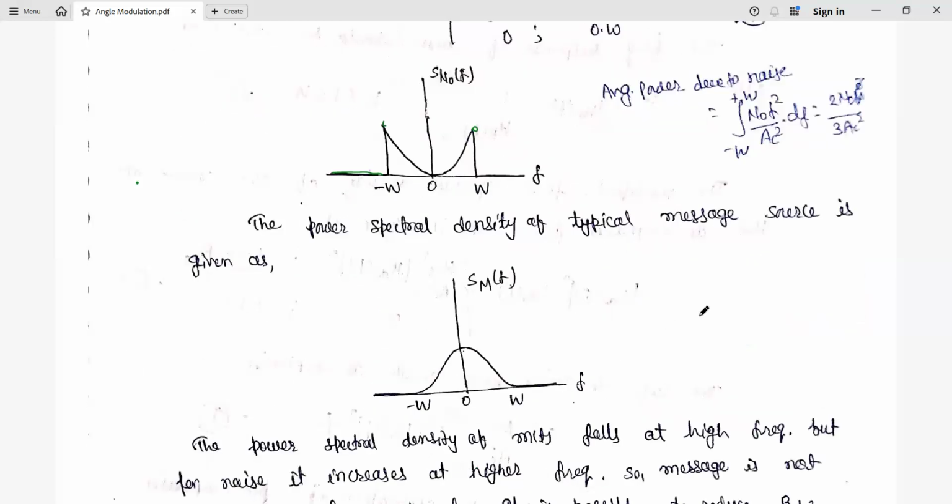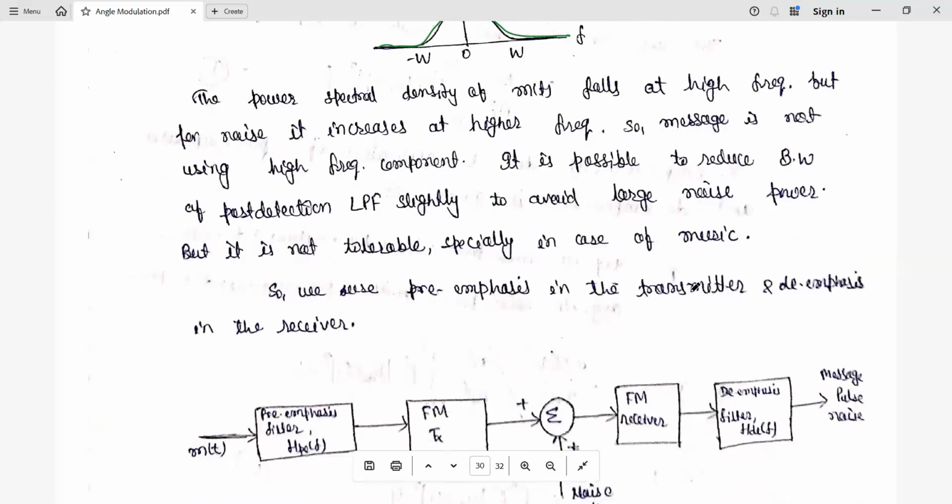Now here we have the power spectral density of a typical message source. In this form you see that for the message, at higher frequency the amplitude is less. So the power spectral density of that message signal, or modulating signal, or baseband signal, is going to fall at high frequency.